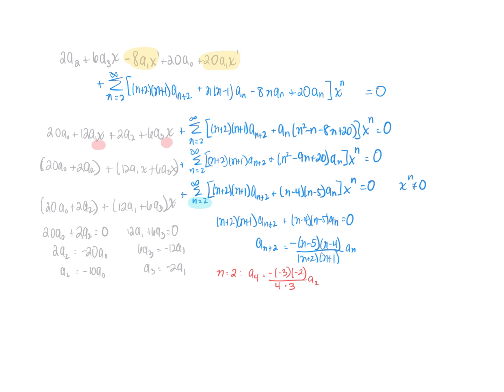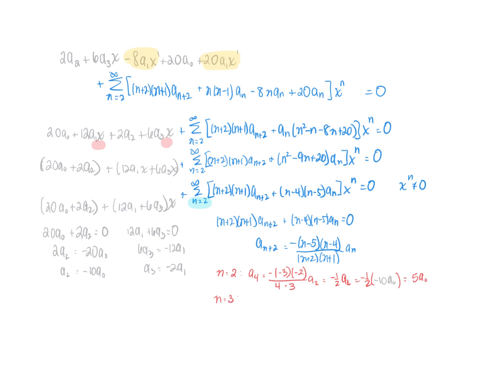Or in this case, we get a negative 1/2 a sub 2. And remember, we just found out that a sub 2 is a negative 10 a naught. So it's negative 1/2 times our negative 10 a naught. Or a positive 5 a naught.